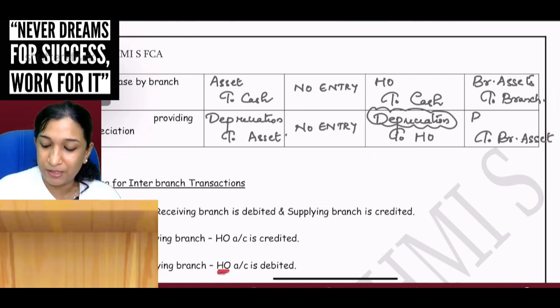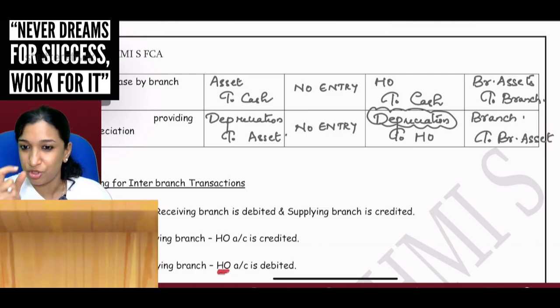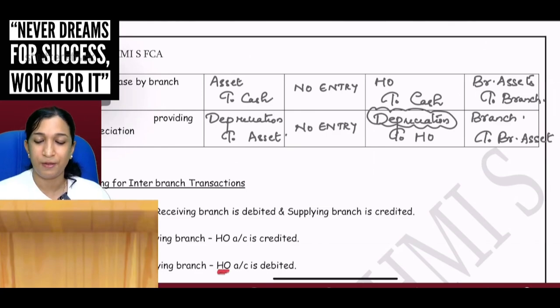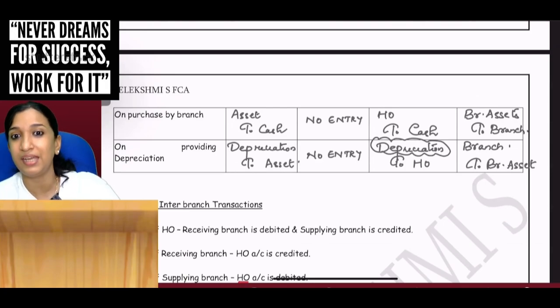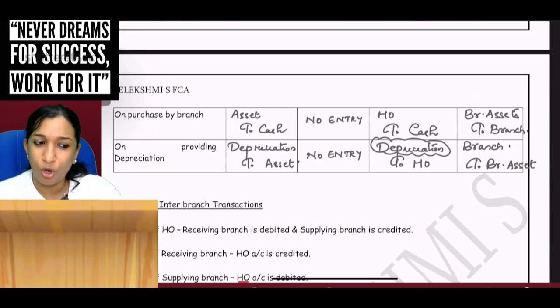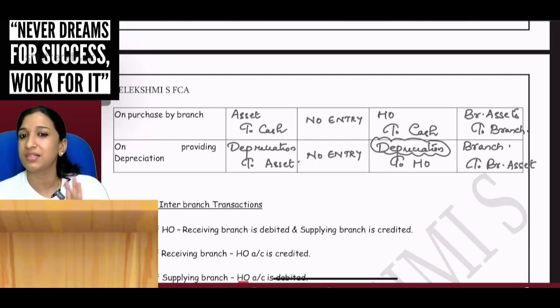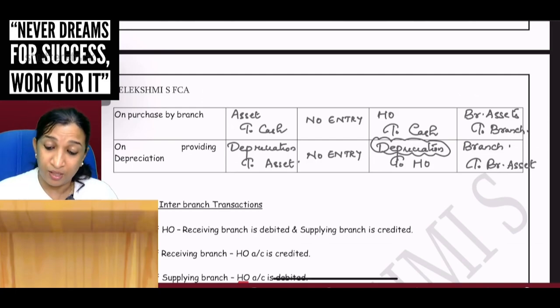So here I will debit branch to branch assets. Branch to branch assets will be the entry. So I need to take some effort and study this. You would have covered it in detail, understood the concept behind debiting, crediting. I hope that's okay. Now this is just from a revision point of view. I am discussing these journal entries.